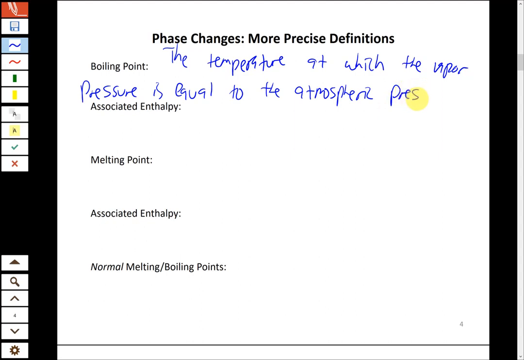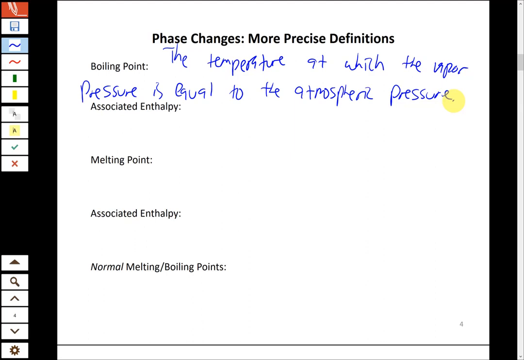And so what that means, and we'll talk about this in more quantitative terms in a little bit, is the boiling point is dependent on what the atmospheric pressure is around that substance, because it's whatever temperature is required to get the vapor pressure equal to the surrounding atmospheric pressure, whatever that number is. Usually close to 1 atmosphere, but not necessarily, depending on where you are.